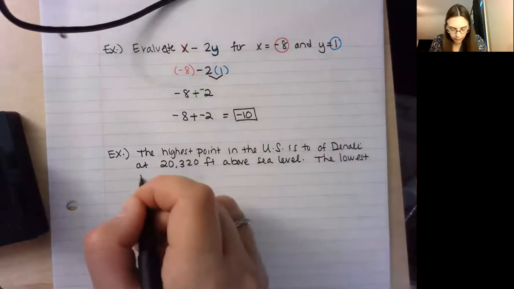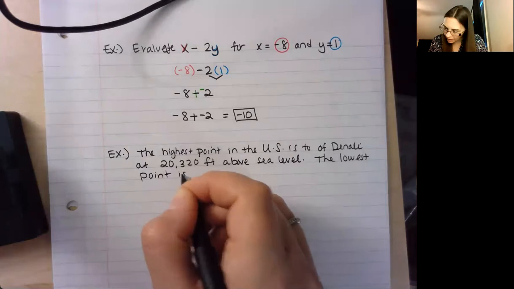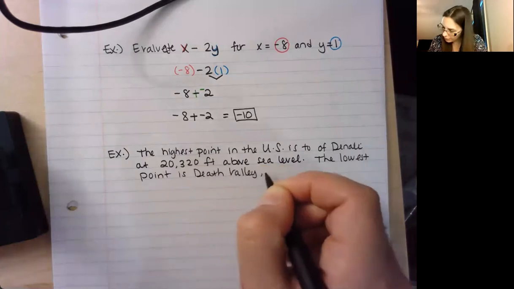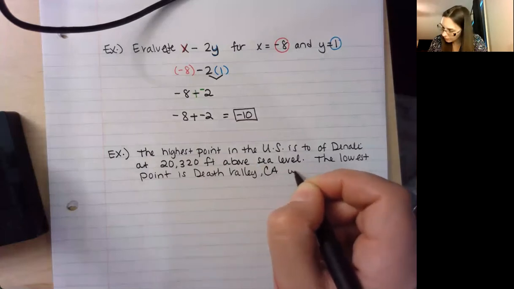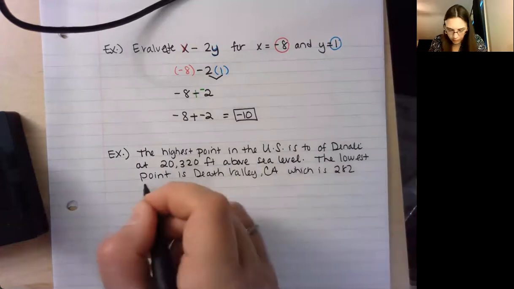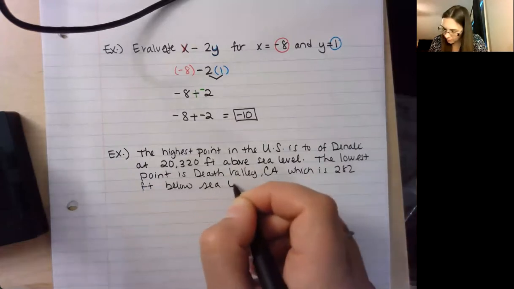The lowest point in the US is Death Valley, California, which is 282 feet below sea level.